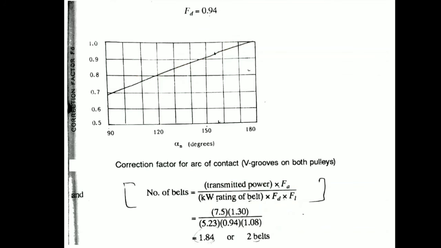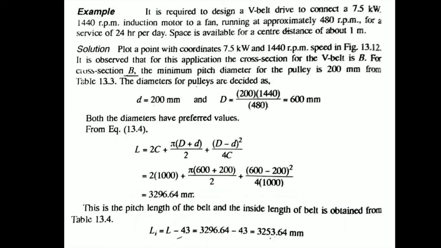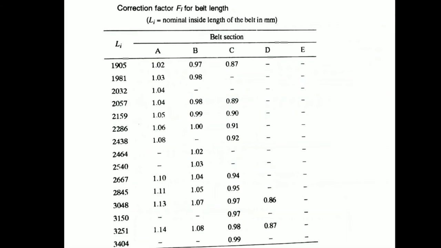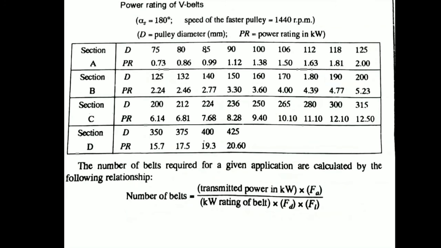So we know the equation: number of belts is equal to transmitted power, that is 7.5 we know, into FA 1.30, divided by the kilowatt rating 5.23. How to calculate 5.23? See, our diameter is 200. For the belt rating, one chart we forgot to check. Our belt section is B, and the small diameter is 200.